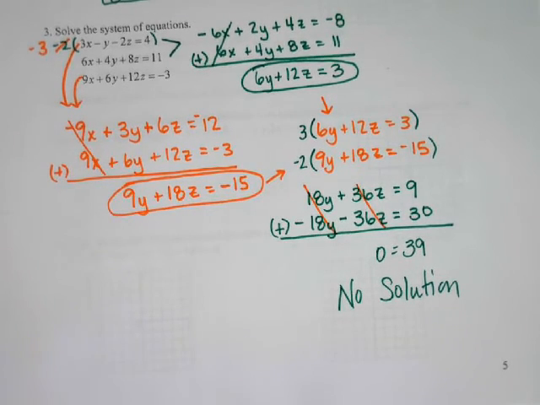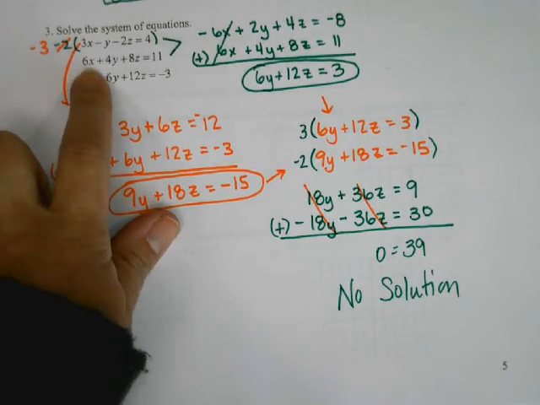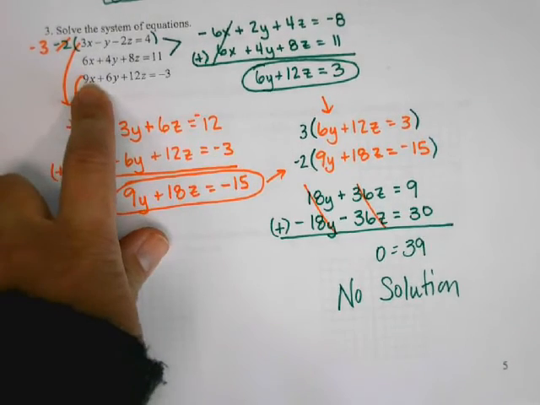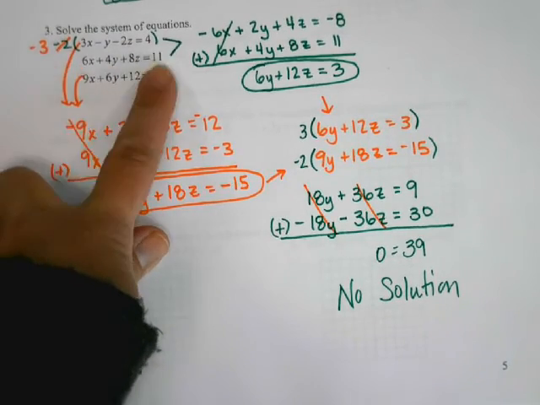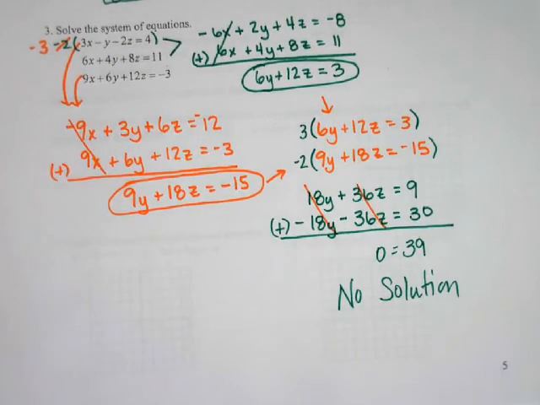Yeah, you're exactly right. If you look at those two, we might have gotten it sooner, right? So if you see something that looks like a pattern, or is there something I could do? And you see that either they're the same line or they're not going to work or something's going to cancel out, do that. Okay, so as soon as you get something like 0 equals 39, 0 equals 4, then you can stop.